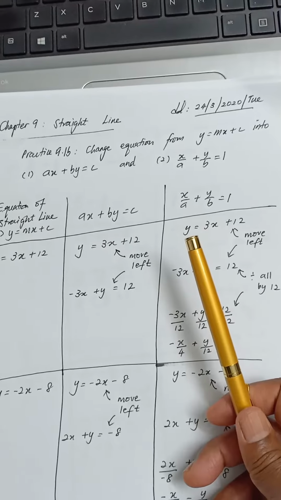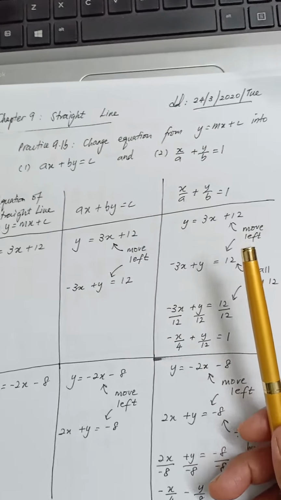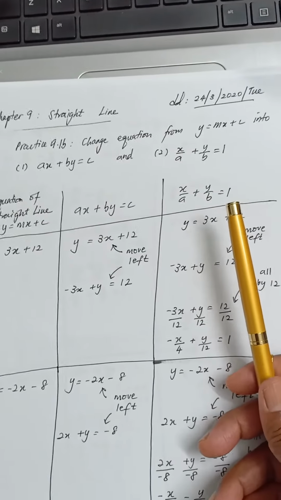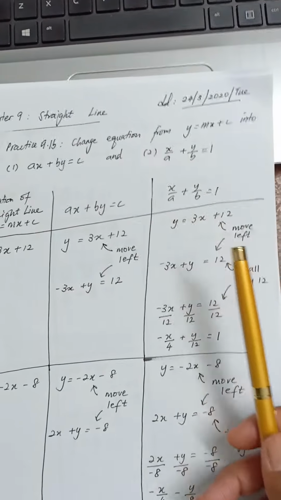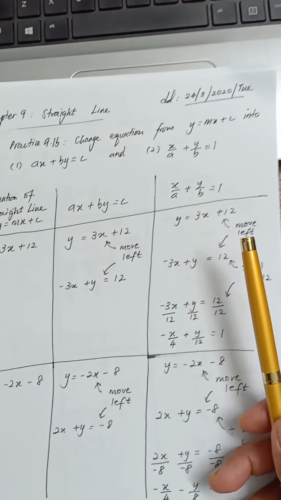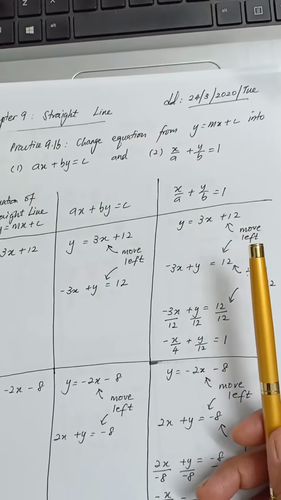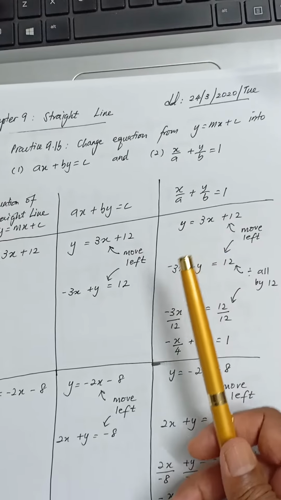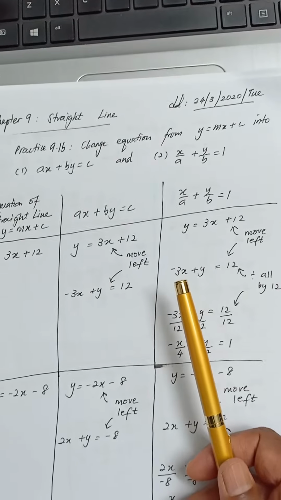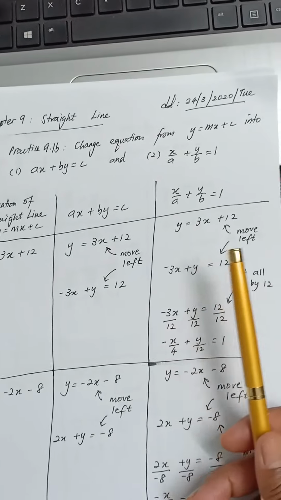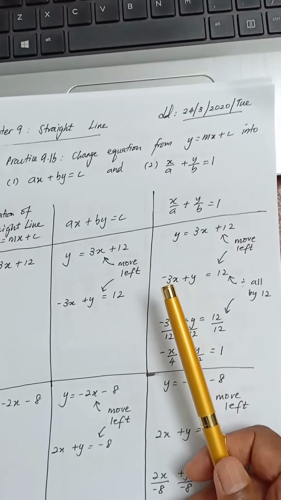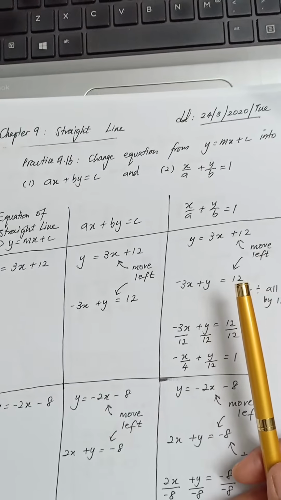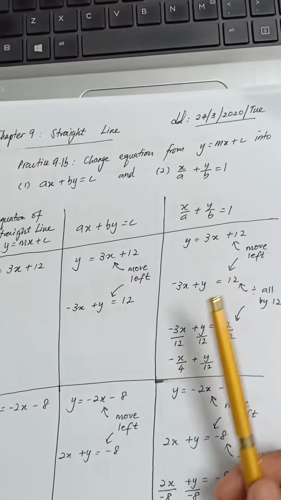But let's look at this format. The same equation, y equals 3x plus 12, we are supposed to change it to x over a plus y over b equals 1. Looks very confusing, right? Don't worry. First, move the 3x over to the left. Once you move the 3x over here, it becomes negative 3x plus y equals 12.